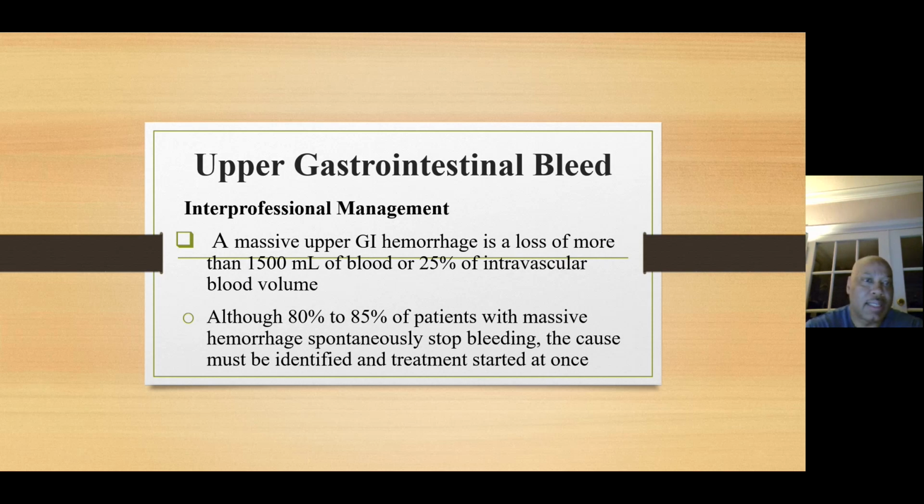So, empiric PPI therapy with a high dose IV bolus, and then a subsequent continuous infusion, will be given to decrease acid secretion. And this is often going to be done before the endoscopy procedure is done. Take a look at table 41.10 for additional information on that.